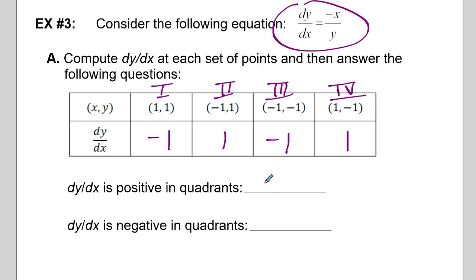Okay, so we can say dy/dx is going to be positive in quadrants 2 and 4, and it's negative in quadrants 1 and 3. Okay, so that's some information that we can use. In just a second, we're going to be drawing these, but we'll come back to that in a minute.